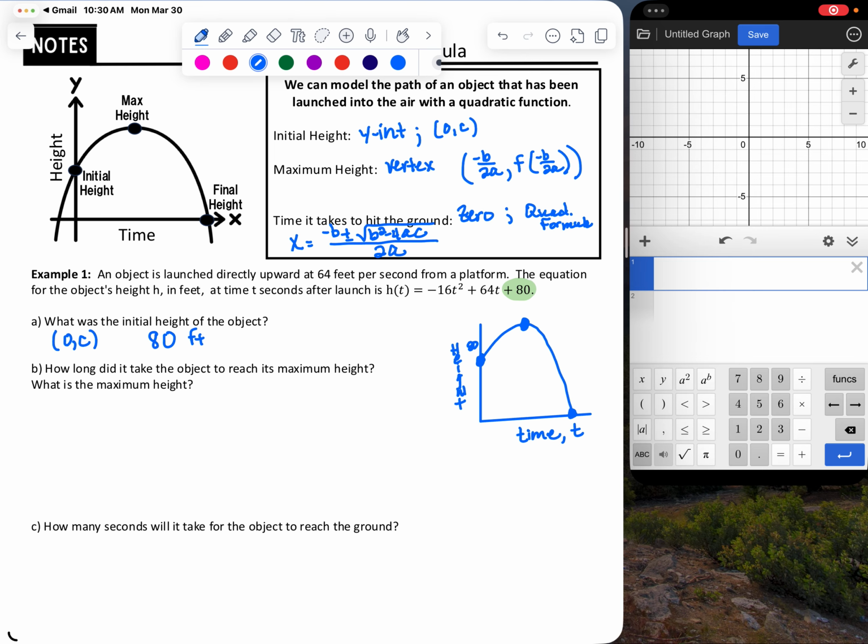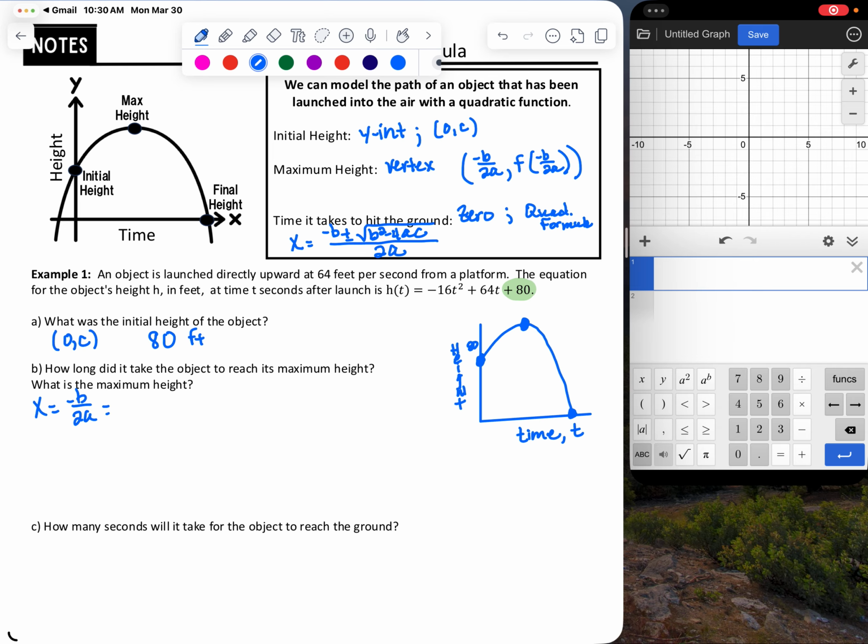All right. Next question is, how long did it take the object to reach its maximum height, and what was the maximum height? So the maximum height, remember from our box above, is found at the vertex. So let's calculate our vertex here. Our vertex is x equals opposite of b divided by 2 times a.